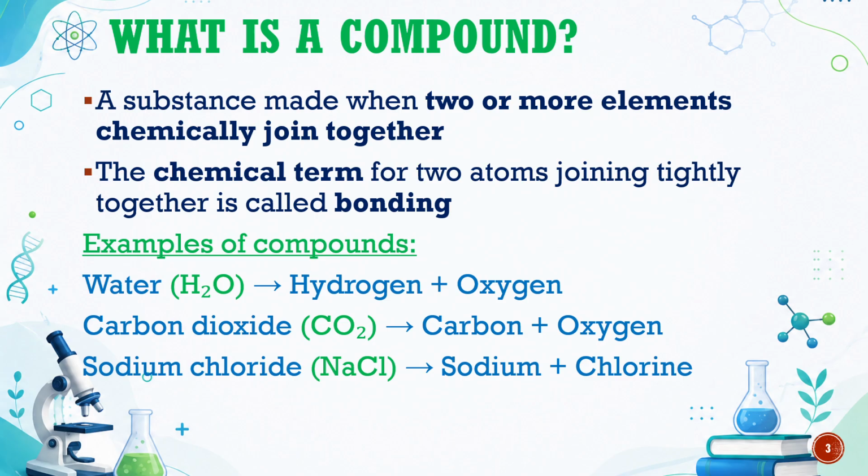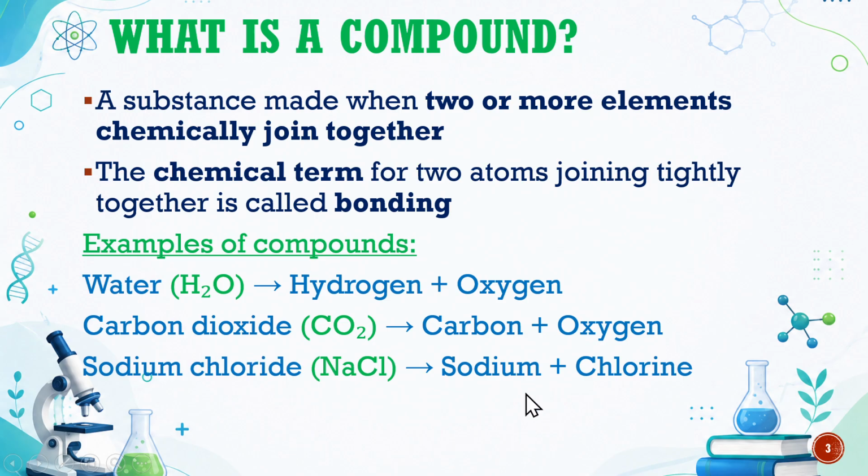All right, so here are some examples of compounds. We have water, which goes by H2O as its chemical formula. This indicates that water is a compound formed by the bonding of hydrogen and oxygen atoms. Similarly, you have carbon dioxide, which indicates carbon and oxygen are the two elements bonding together to form carbon dioxide.